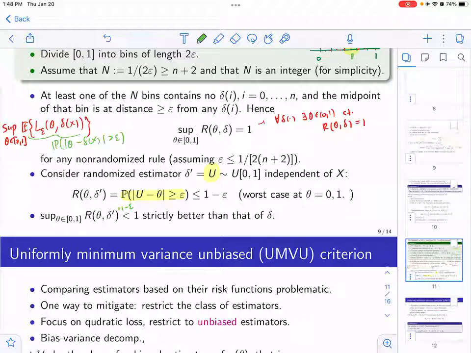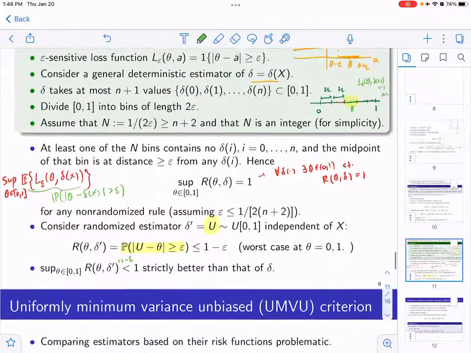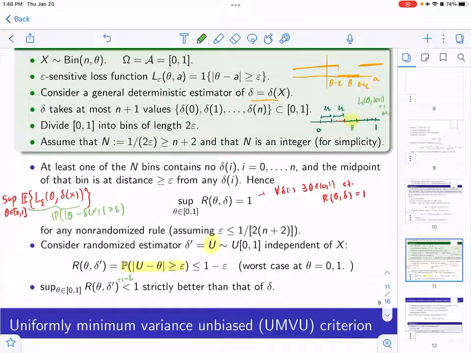And so this randomized decision rule, which is naive, basically outperforms every deterministic decision rule in terms of the maximum risk. And so this violates the Rao-Blackwell result, but the Rao-Blackwell result is still true because the loss is not convex.